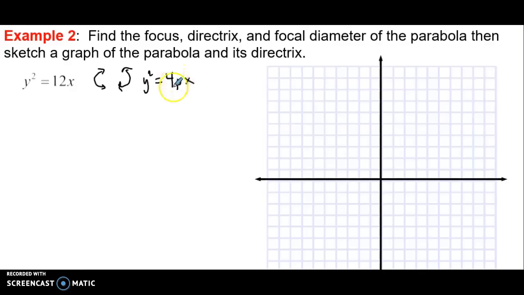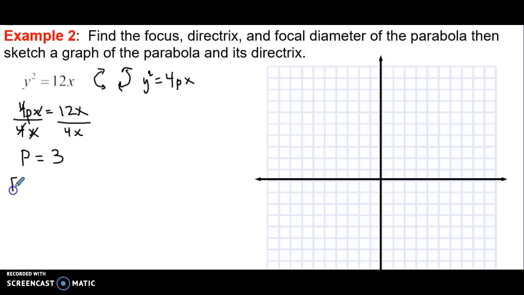I'm going to substitute 4px in for y squared because I'm going to look for p. So I'm going to have 4px equals 12x. Next step is to solve for p, so divide by 4x on both sides. Those cancel on the left, and I get p equals 3.